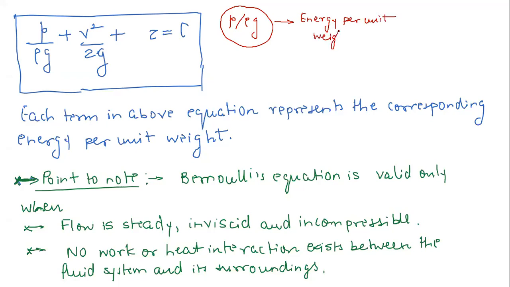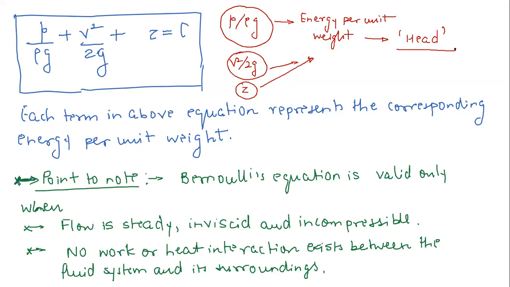So this is pressure energy per unit weight, kinetic energy per unit weight, and then you have z, that is potential energy per unit weight. Energy per unit weight is generally called head. In fluid mechanics we call this term head. Always remember this, it is very important.